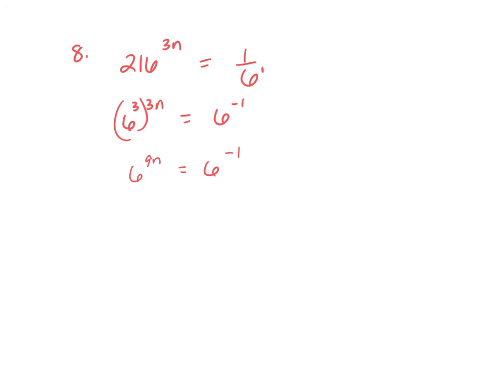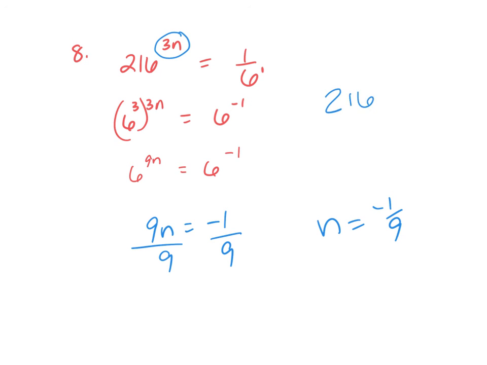The two 6s are the same. So you can put 9n equals negative 1, divide by 9, n equals negative 1/9. Okay? So if you put in your calculator 216 to the 3 times negative 1/9, everybody do that.